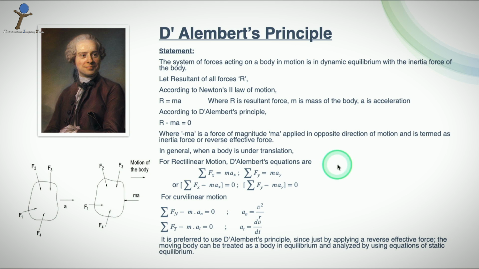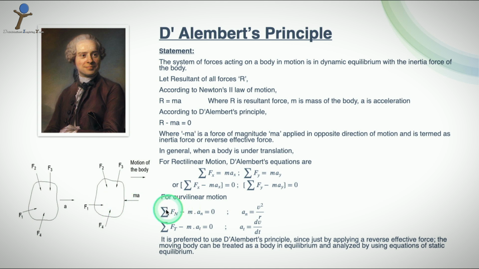In general, when a body is under translation for a rectilinear motion, the D'Alembert's equations are sigma Fx equal to ma x and sigma Fy equal to ma y, or otherwise you can express as sigma Fx minus ma x equal to 0 or sigma Fy minus ma y equal to 0, and these are said to be dynamic equilibrium conditions.